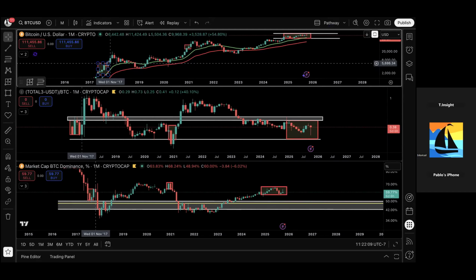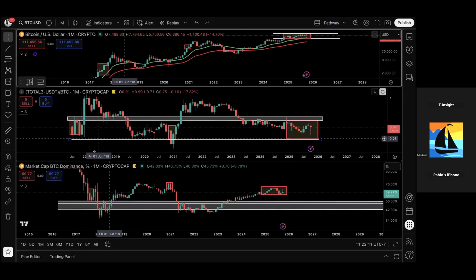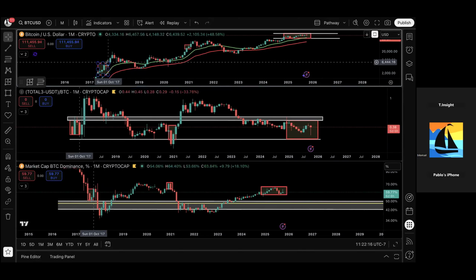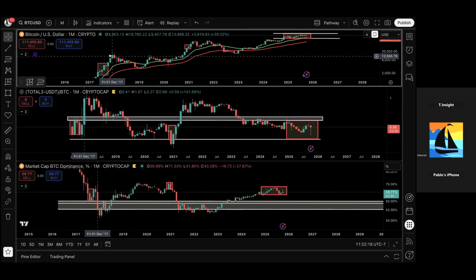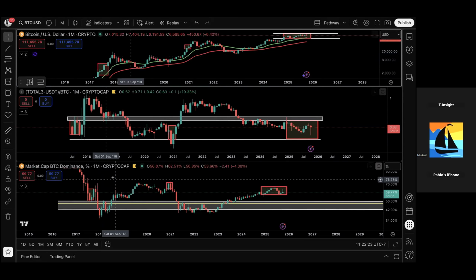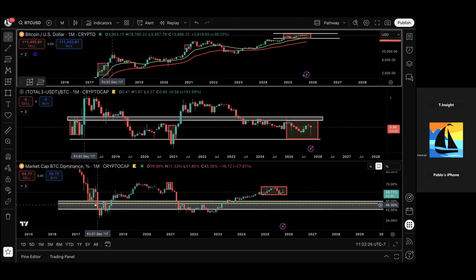If that were to be true, then just by looking at the Bitcoin dominance, you will see that every time Bitcoin tops, at its peak, you can look down at the Bitcoin dominance and you can see that Bitcoin dominance has to, at minimum, enter this 50 to 42% range to even entertain the thought of the market reaching its top.